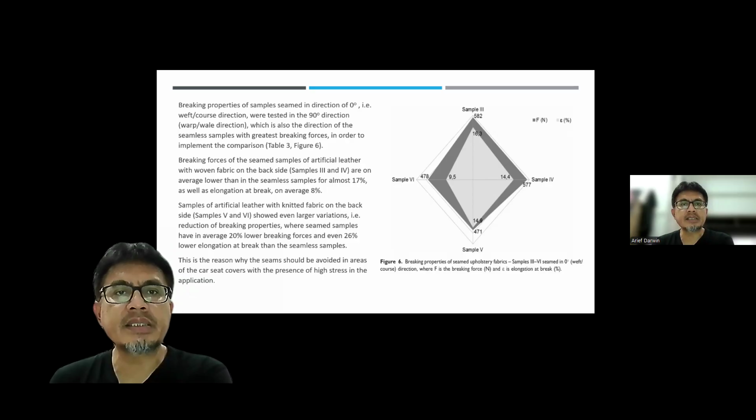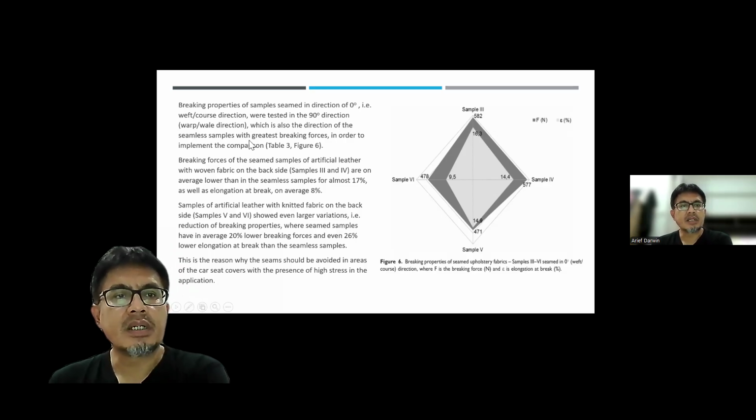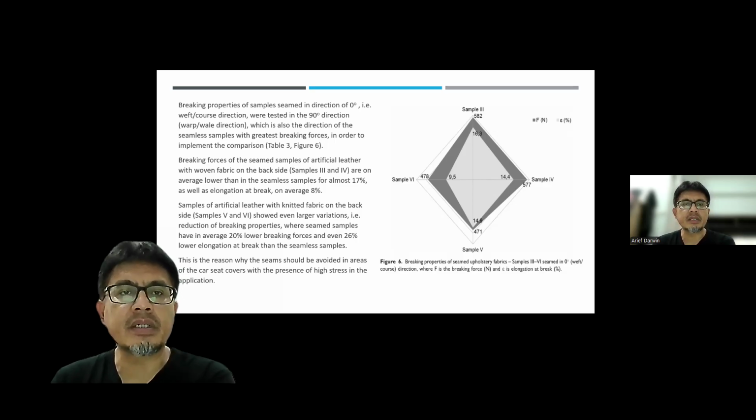The seam direction of 0 degrees, which is the weft or course direction, was tested in the 90-degree direction to the warp or wale direction, which is also the direction of the seamless samples with the greatest breaking force, in order to implement the comparison. So we compare the fabric with the seams and the fabric without the seams.